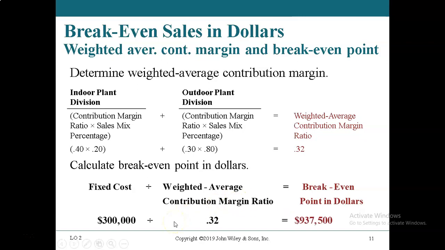They have to give you the fixed cost, but let's pretend it's 300,000 divided by the weighted average contribution margin ratio. That means the break even in sales is 937,500. That's the total sales revenue for everything that we need to have in order to break even.